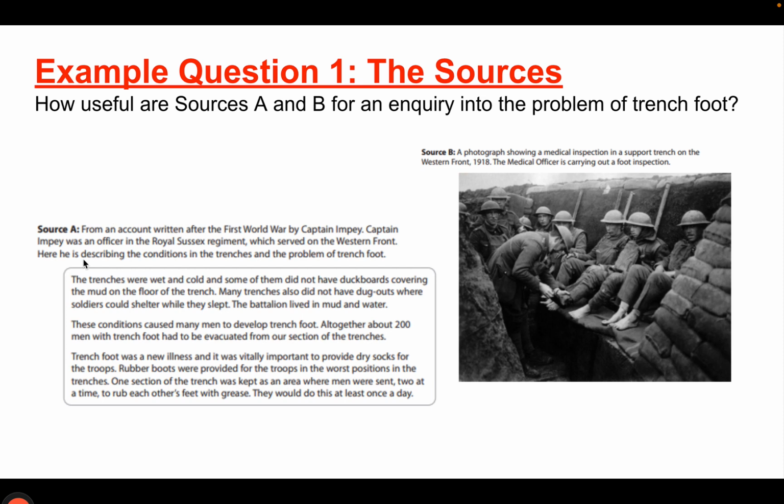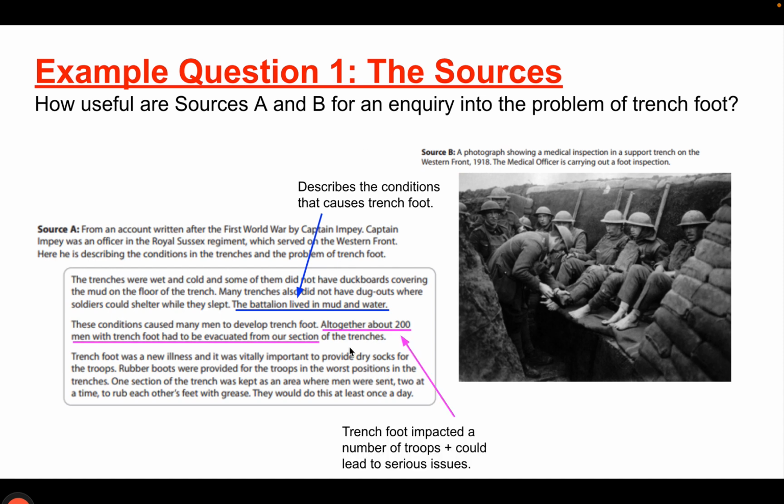Now, when we're analysing source A, we need to look for content. Does it tell us anything about the problem of trench foot? The first thing we can see is the battalion lived in mud and water. The source describes the conditions that cause trench foot. Therefore, you could argue making it useful. It tells us that altogether about 200 men with trench foot had been evacuated from our section.